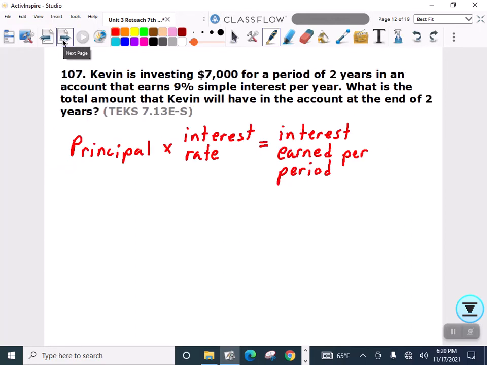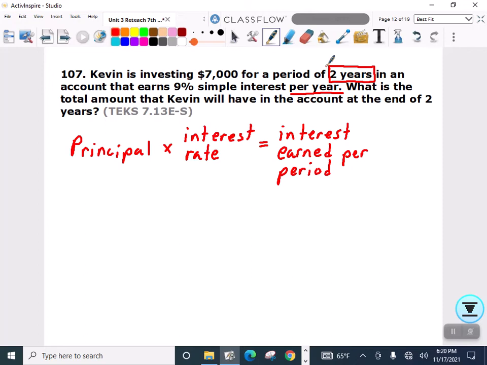Okay, so 107, Kevin's investing $7,000 for 2 years in an account that earns 9% simple interest per year. This whole thing, per year, tells you how long your period is, and we see that you have 2 periods.